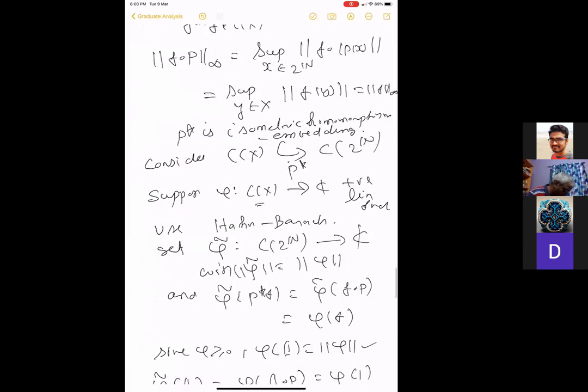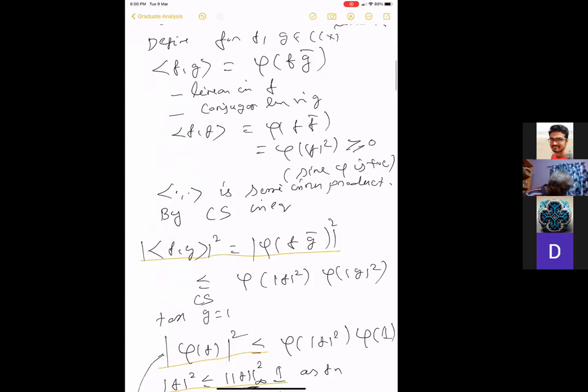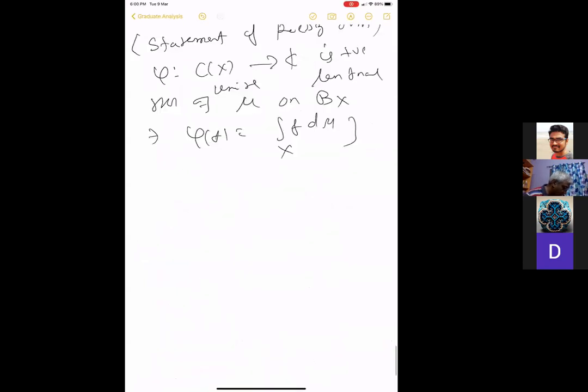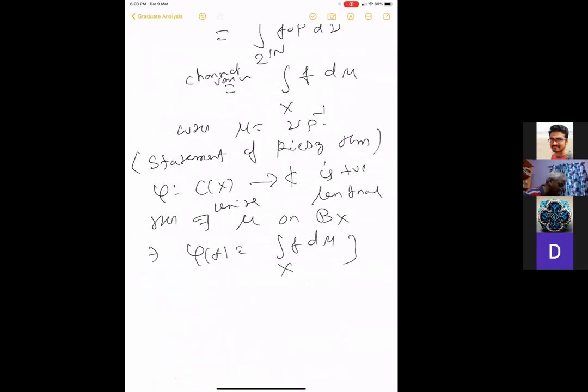In the statement of the theorem: phi is from C of x to C is a positive linear function. Then there exists a unique measure mu on the Borel sigma algebra such that phi of f equals the integral of f d mu. Every positive linear functional is given by integration. What do you want?